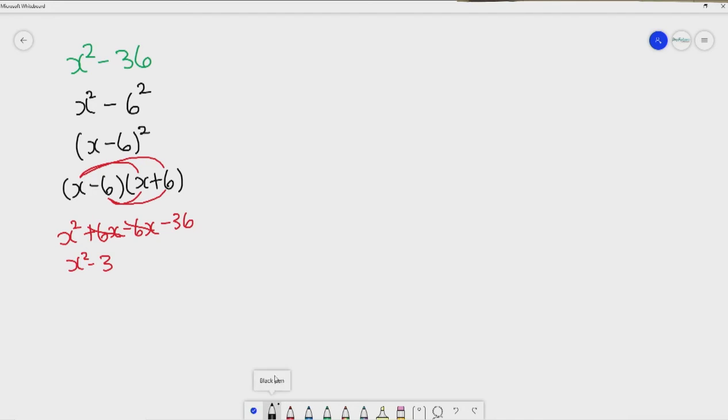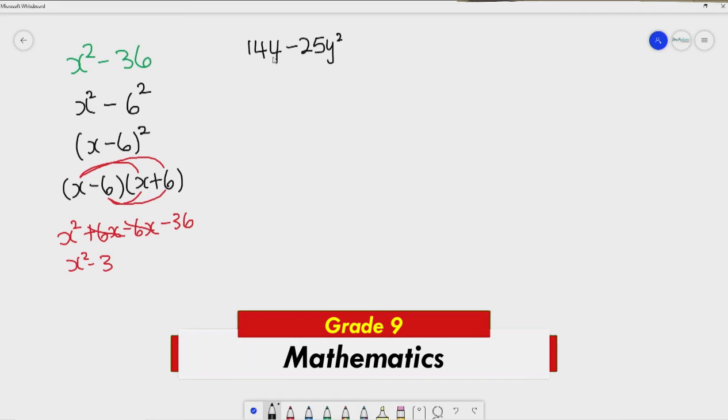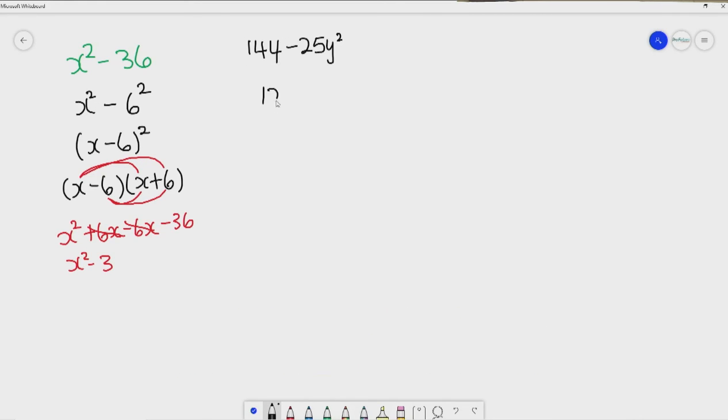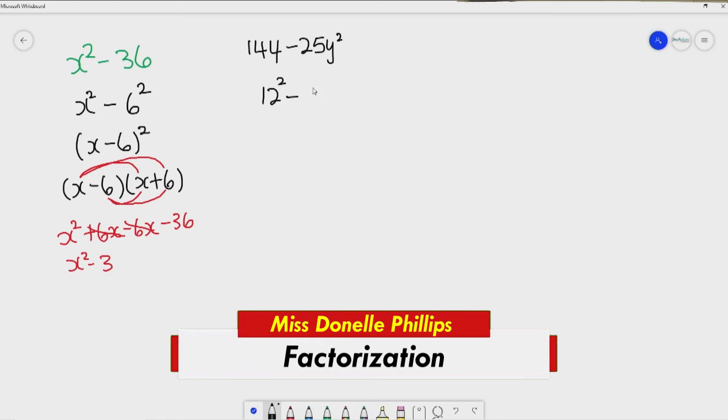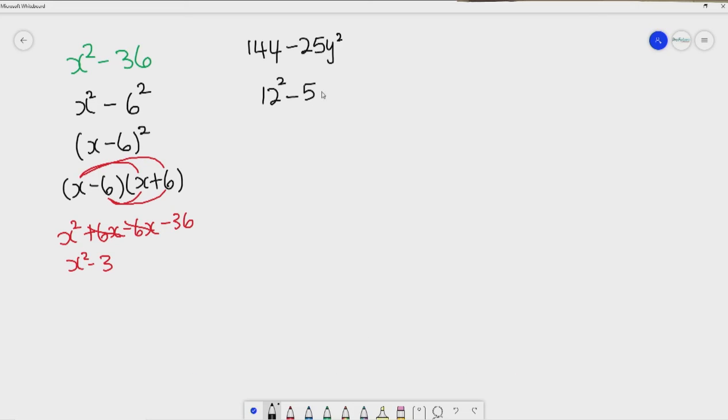All right, so the second example, 144 minus 25y squared. So 144 written as a square number, the root of 144 is 12. So this is 12 squared minus 25 written as a square number is 5.